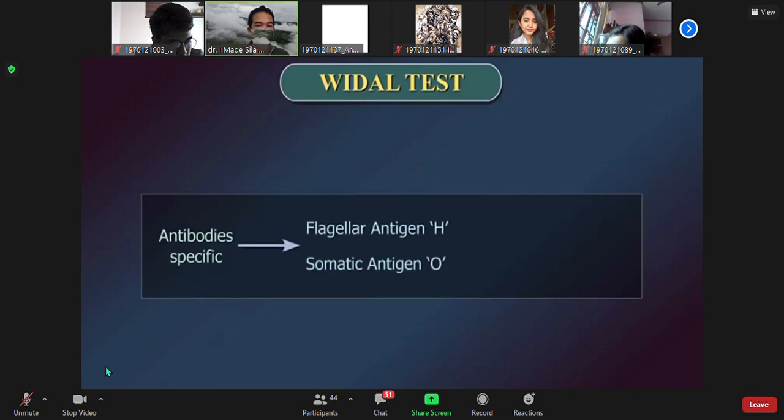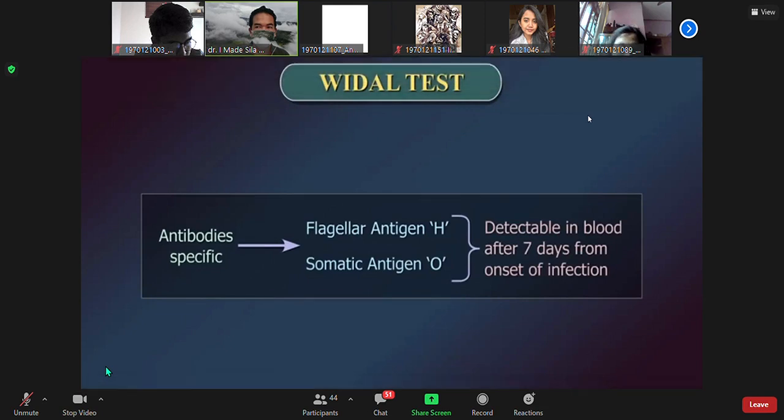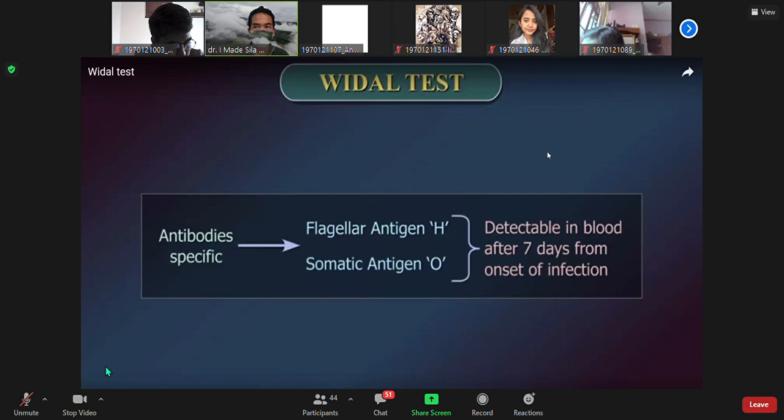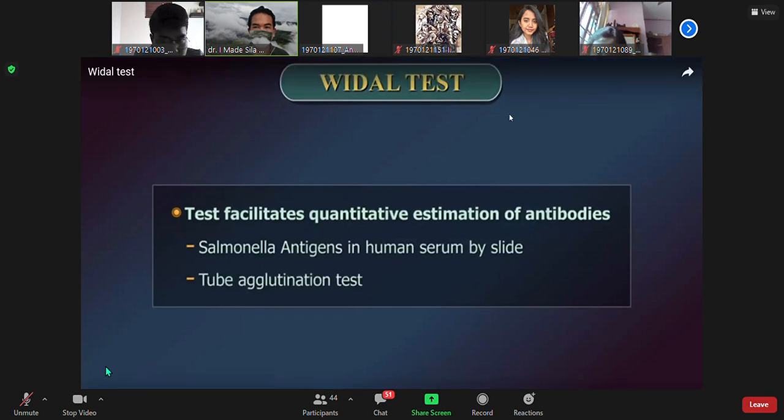Antibodies specific to flagellar antigen H and somatic antigen O of Salmonella species usually become detectable in blood 7 days after the onset of infection in individuals infected with typhoid bacilli. This test facilitates quantitative estimation of antibodies to Salmonella antigens in slide and tube agglutination test.